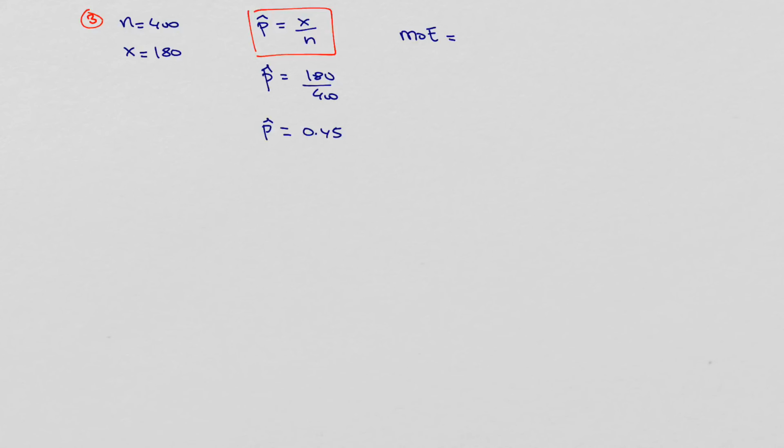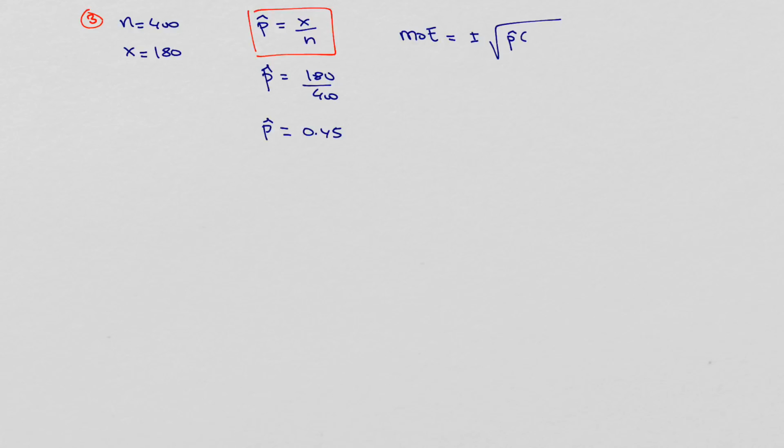So our sample population proportion is x over n, so that is going to be 180 over 400, and again, that simplifies nicely down to 0.45. So because we're not told 95% confidence interval, then it's plus or minus our standard error.